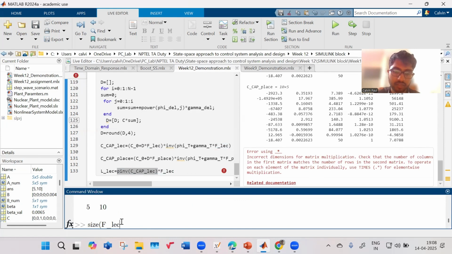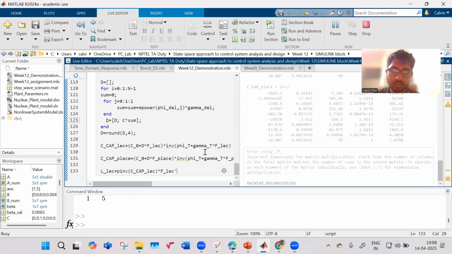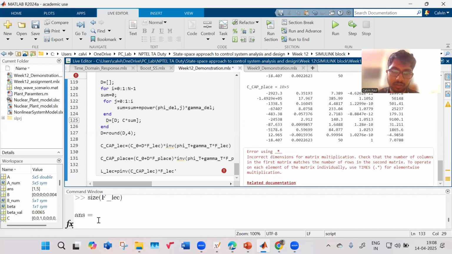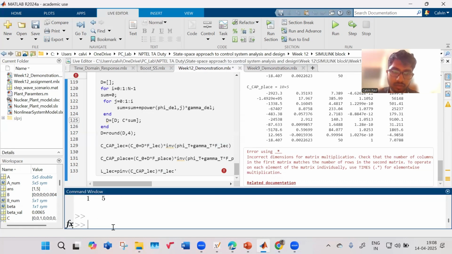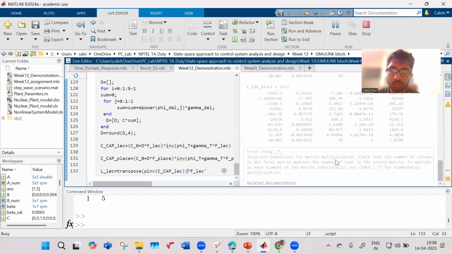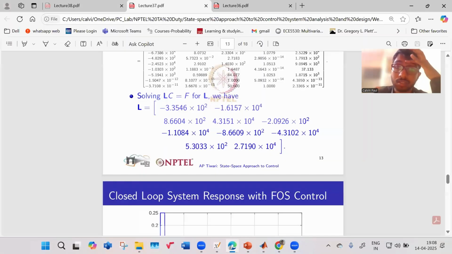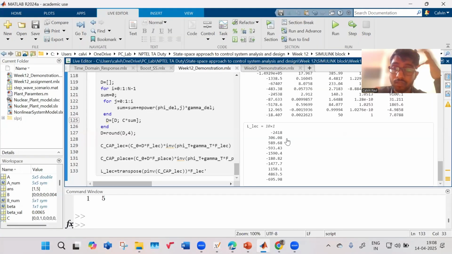Size of F lecture 1 to 5. Okay, that is the transpose of this. We get minus 2418306. There is an issue which we have to check.